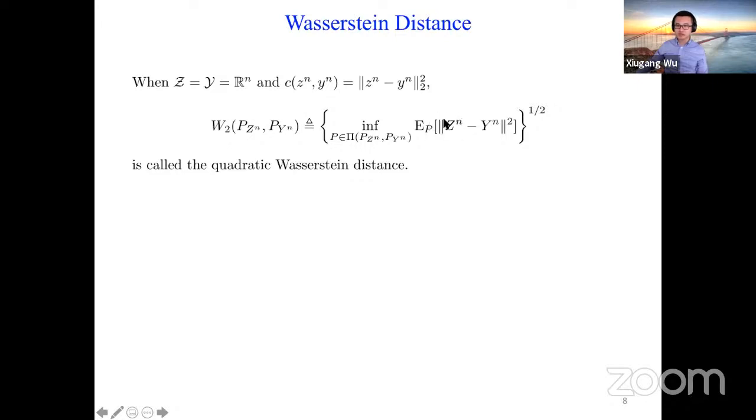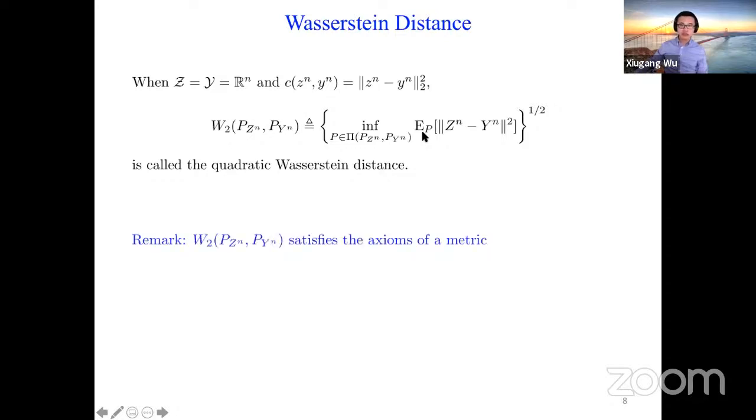Okay, so under those assumptions, you minimize the expected square of the Euclidean distance between Z^n and Y^n over all the couplings of those two measures, right? And then if you take the square root of it, the resulting quantity you typically denote by W2 between P_Z^n and P_Y^n is widely known as the Wasserstein distance, and in particular quadratic Wasserstein distance, because here you basically take the square and then take the square root of the optimal value.